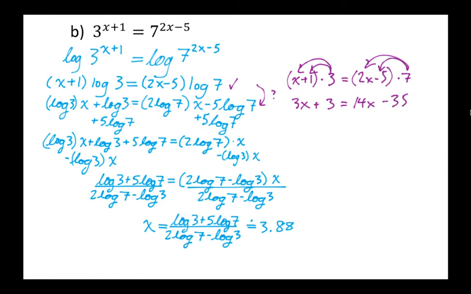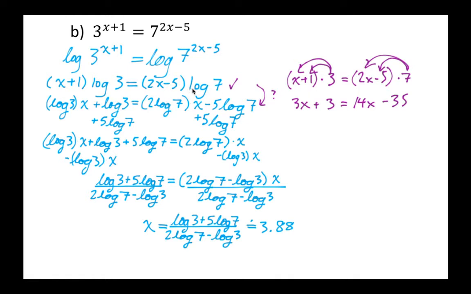Well, essentially, that's the same thing that I just did here. I did log 3 times x, right, instead of just 3 times x. And I did log 3 times 1, which gives me log 3. Just like I did 3 times 1 here, that's 3. And on the other side, I did the same kind of thing. Just like the 7 times 2x, I would do log 7 times 2x.